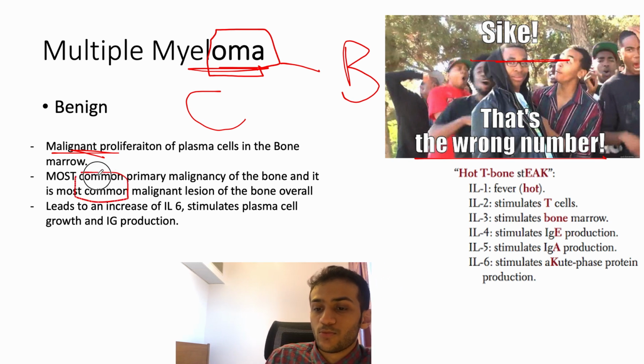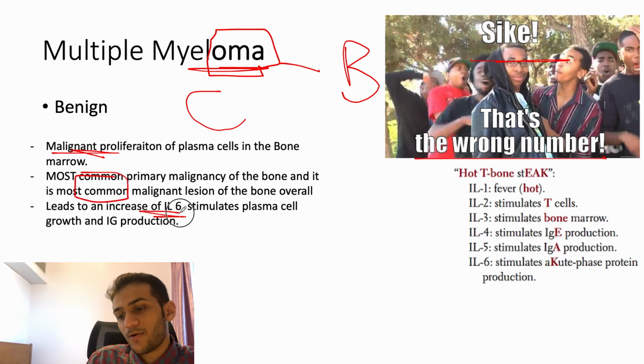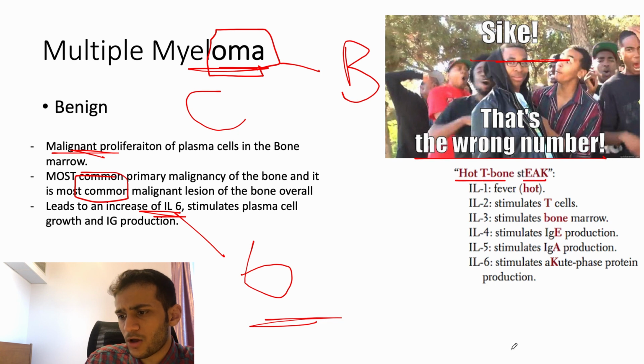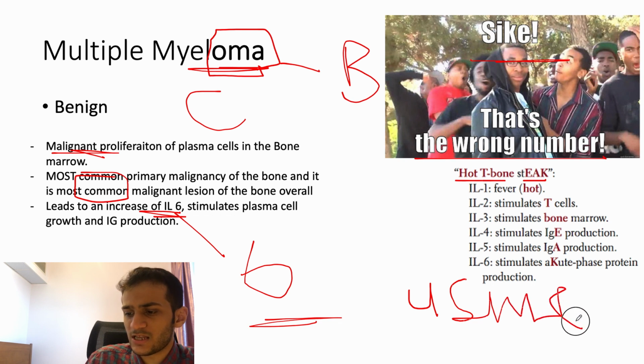And this leads to a greater amount of interleukin 6. You might be wondering how to remember interleukin 6. Well, no problem. You can use the hot T-bone steak mnemonic, which I took from the USMLE First Aid book, definitely check that out. I think it's in the 2021 edition, full copyrights to them.